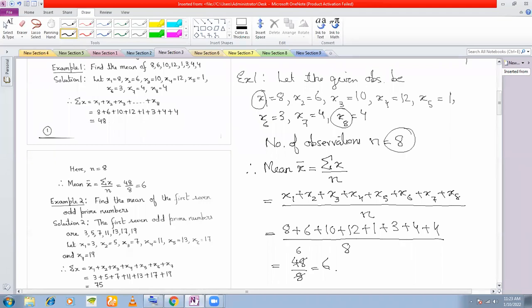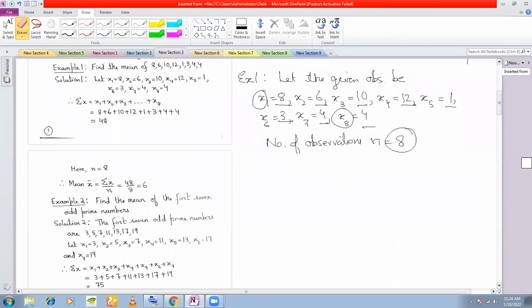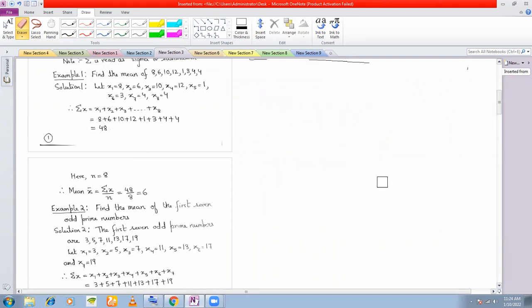Suppose I tell you that these are the marks obtained by students in a unit test out of 15, then what is the average mark of the students? It is 6. We say average marks or the mean marks of the students. Now, anyone tell me the difference between average and mean? Average can be of many kinds.